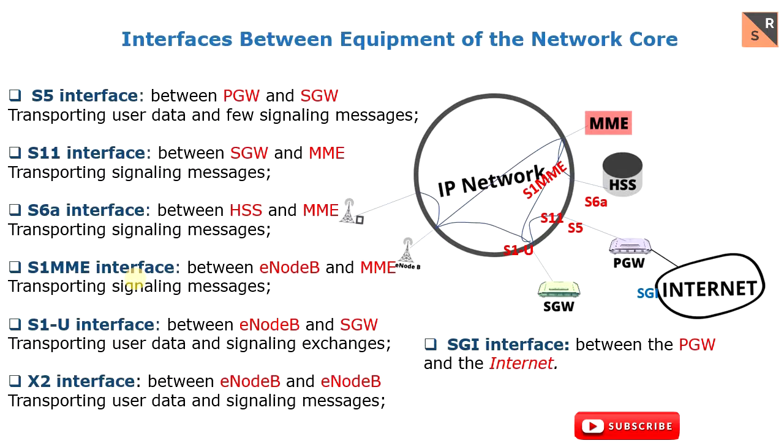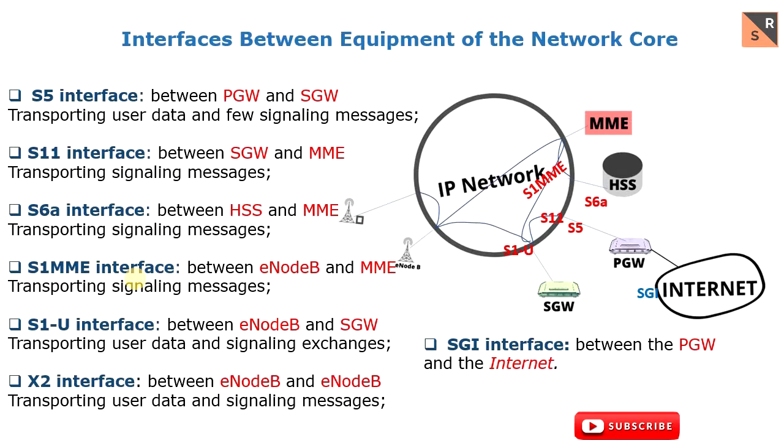There is also the interface between S gateway and the MME, since the MME is the control equipment and it must also control for certain functions the S gateway. The S11 interface between the MME and the S gateway is only used to exchange signaling. We have the interface between the MME and the HSS called S6a, which also only does signaling.